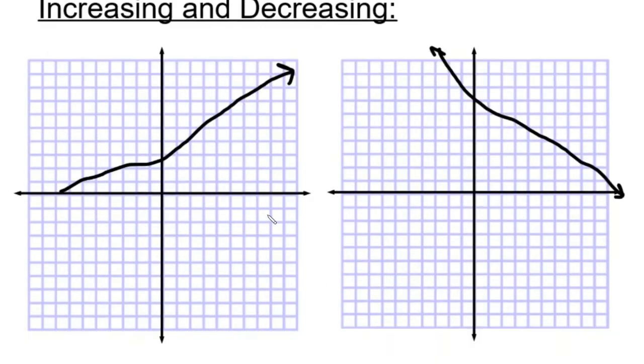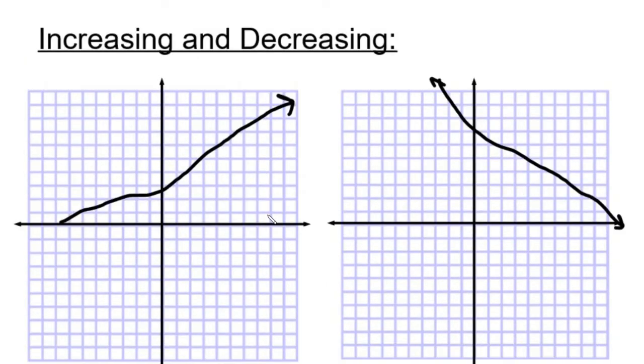So increasing and decreasing. There's definitions right below here, but I want to talk about how on a graph you can determine intervals of increasing and decreasing. And these are going to be intervals, which means they are given from a specific x value to another specific x value.